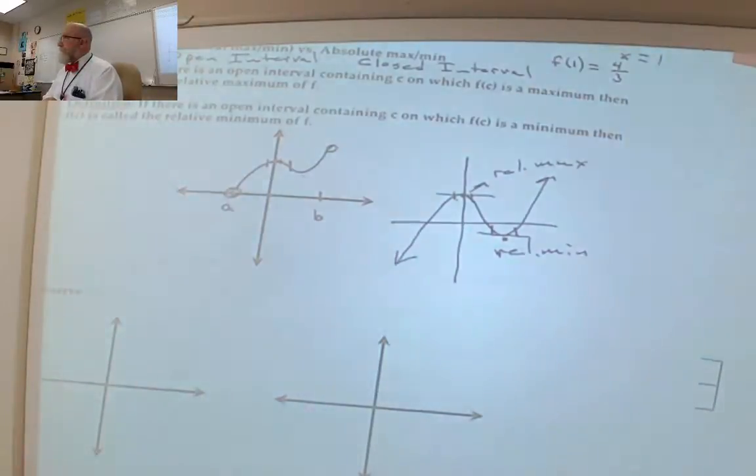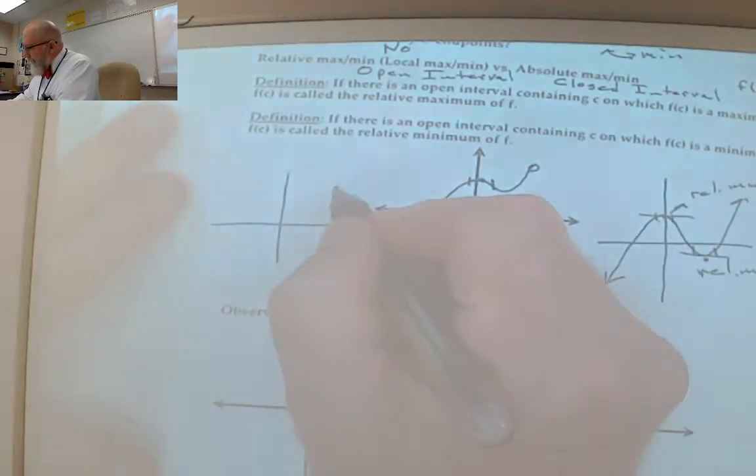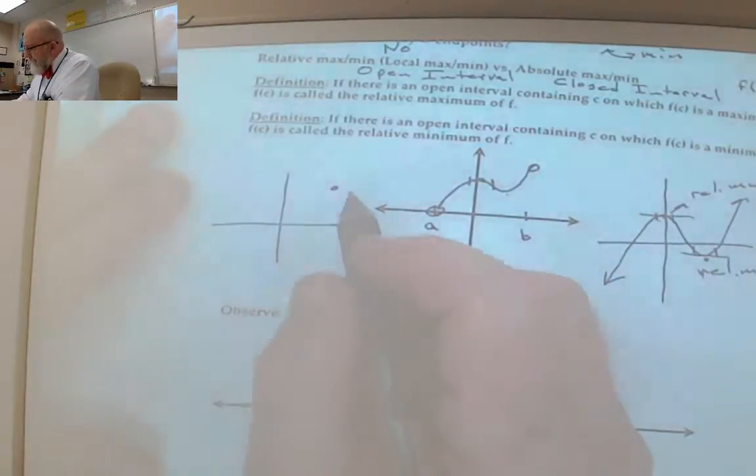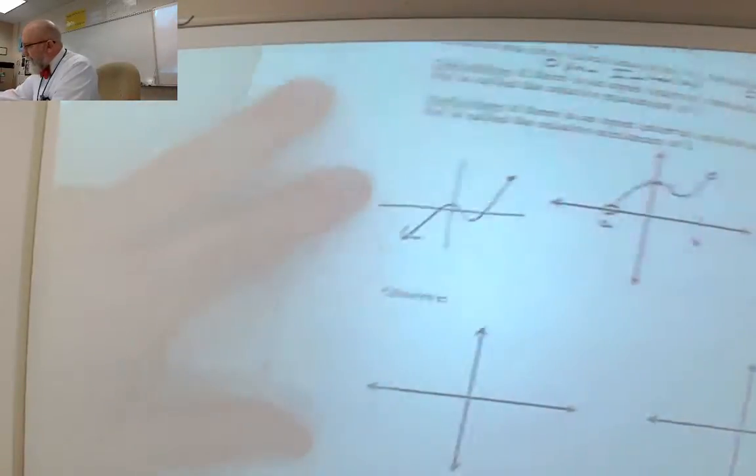Yes, ma'am? Is it possible to have a graph with a relative minimum and an absolute maximum? I suppose so. Let's say we have something like this. Let's say this side is closed. And I have something that looks like this.